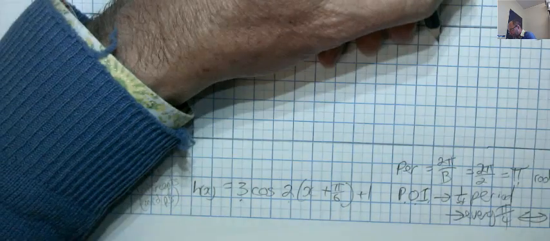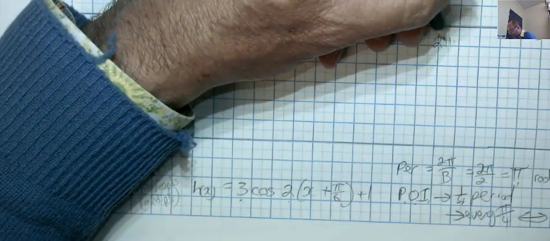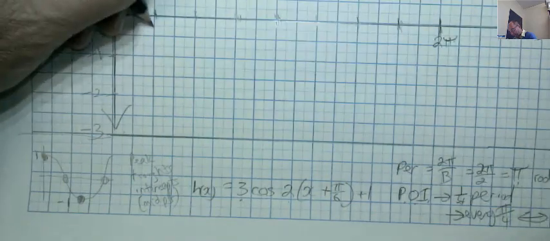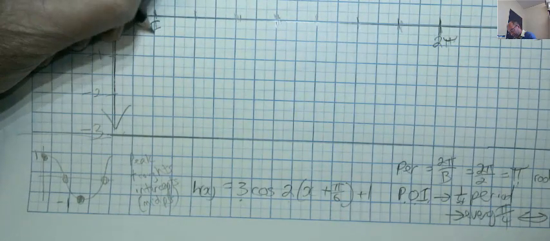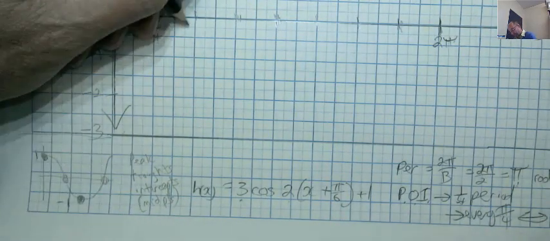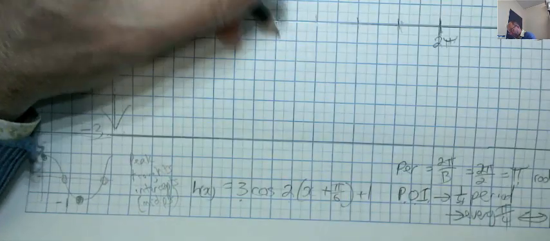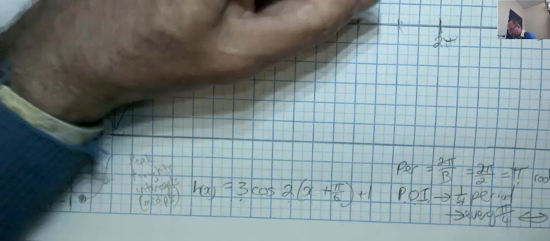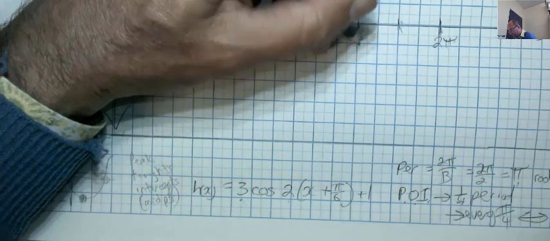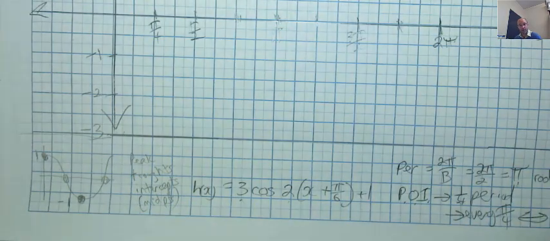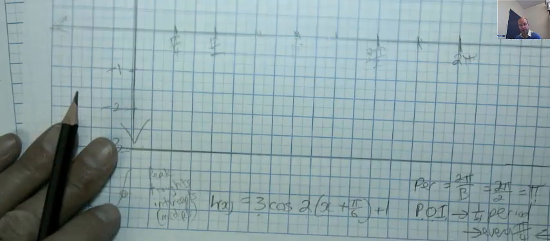So that's 2 pi there. This one's pi on 4. 2 pi on 4 is pi on 2. 3 pi on 4, 4 pi on 4, which is pi. 5 pi on 4, 6 pi on 4, which is 3 pi on 2. And 7 pi on 4, 8 pi on 4. So we've got our axes set up reasonably there.